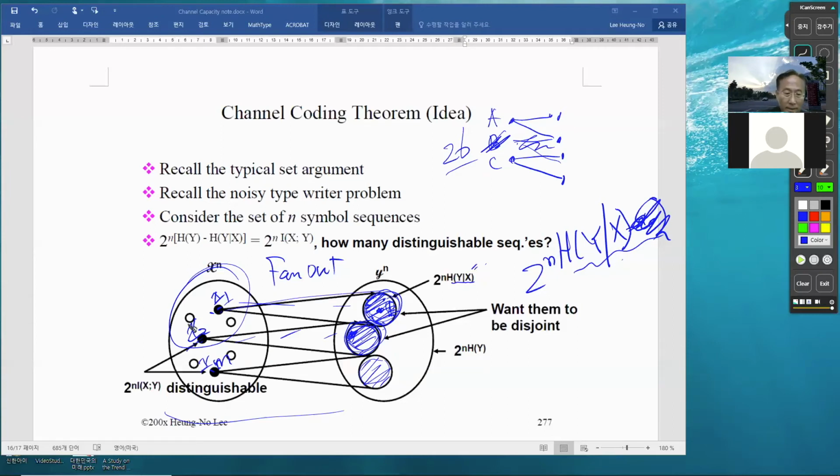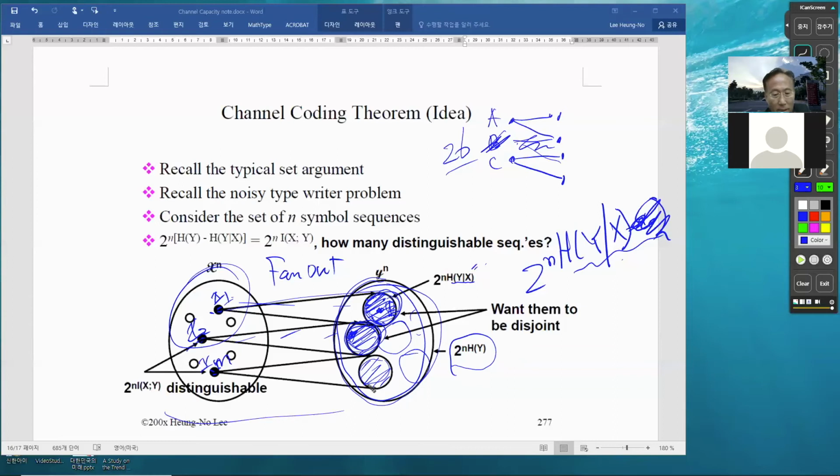So in terms of capacity, which is the maximum number of inputs that we can select to carry the information, it can be described by the number of balls we can pack inside this output space. We need to know the size of the output space. That can be described by the typical set argument, which is 2 to the power of nH(Y).